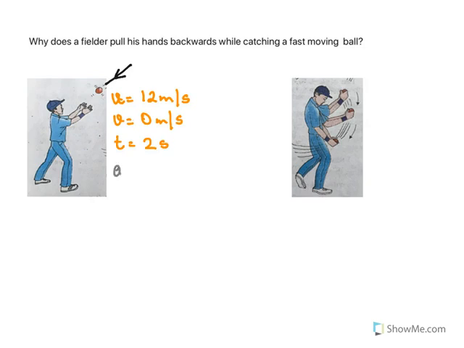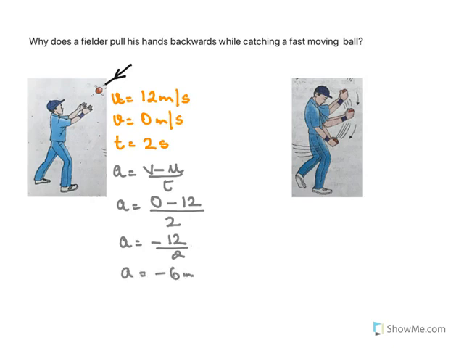So the acceleration in this case, we know what acceleration is, V minus U over T. So the acceleration will be, V was 0, minus 12, over 2, time is 2, so acceleration is minus 12 over 2, and that would be minus 6 meters per second square.